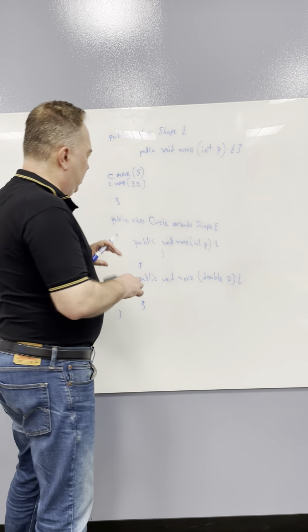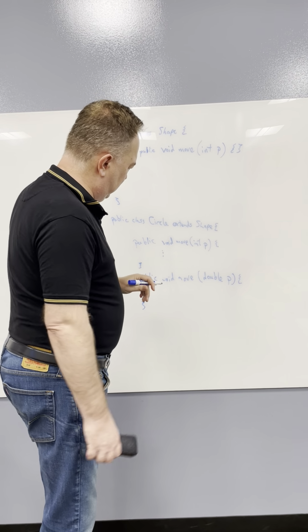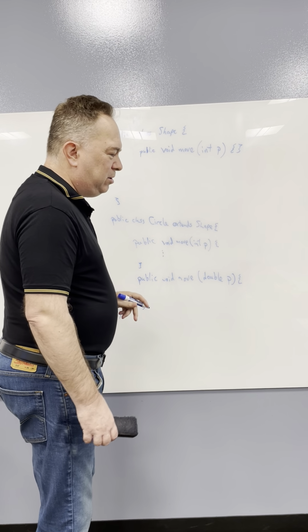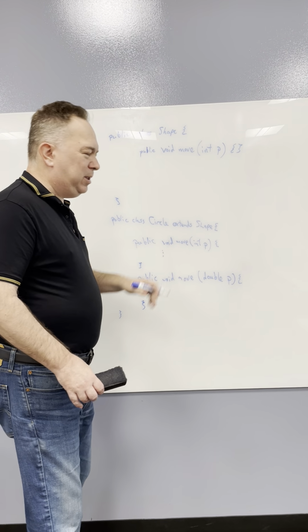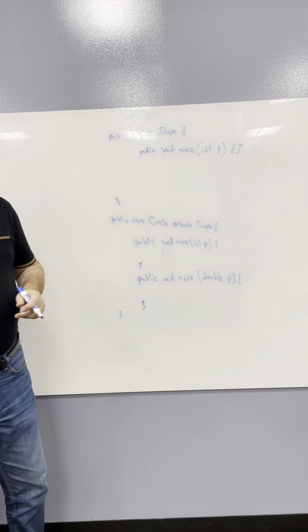Now, there's two ways to handle this, though. If you actually want to do something different with a double than you do with an int, you can write all that code in here. Sometimes, though, it's just a converter.